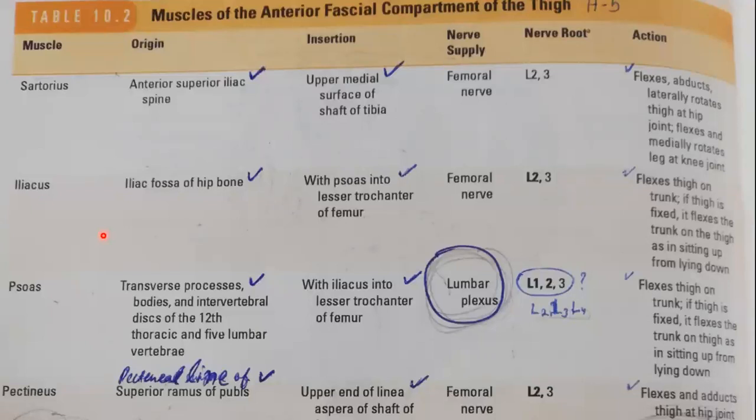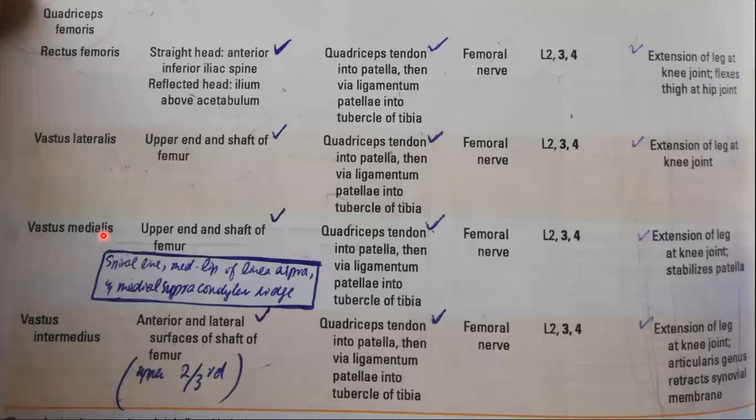This is just the overview from Snell's Anatomy by Regions. As you can see, the Sartorius muscle, iliopsoas muscle, and the pectineus muscle, then the four quadriceps muscles.